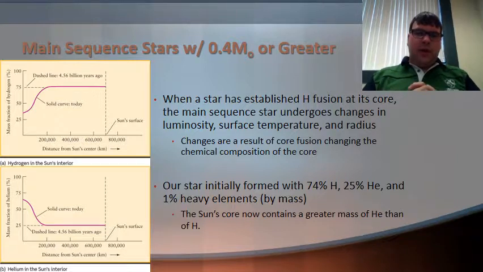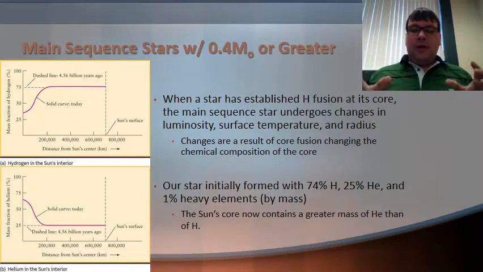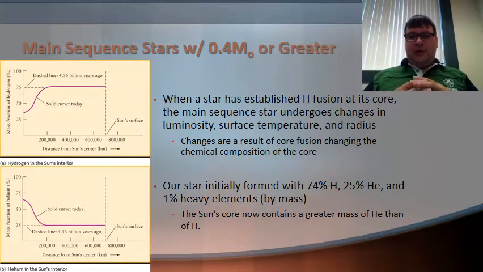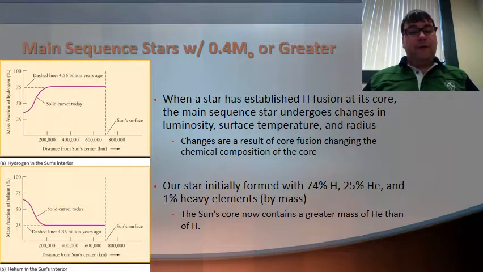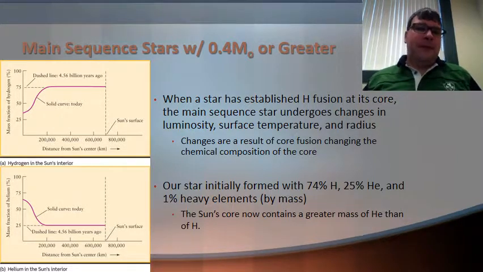And so initially, our star by mass would have about 74% hydrogen, about 25% helium, 1% of everything else. The 74% hydrogen over time is being consumed. And so what we're seeing is the core of our sun is actually depleting to about 25% leftover hydrogen today. So we're seeing a massive change, but that makes sense.